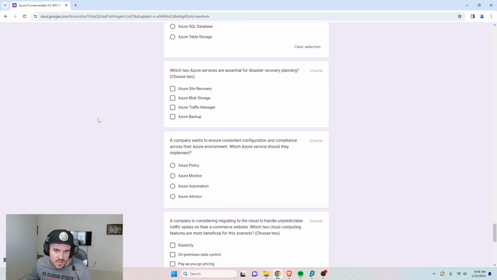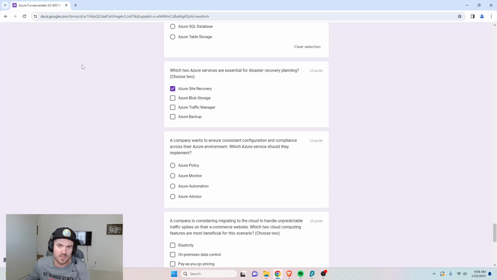Which two Azure services are essential for disaster recovery planning? Okay, we've got Azure Site Recovery, which totally makes sense. Blob Storage could be considered here, but it doesn't necessarily help you recover because what if you have resources stored in other types of storage or in other databases?